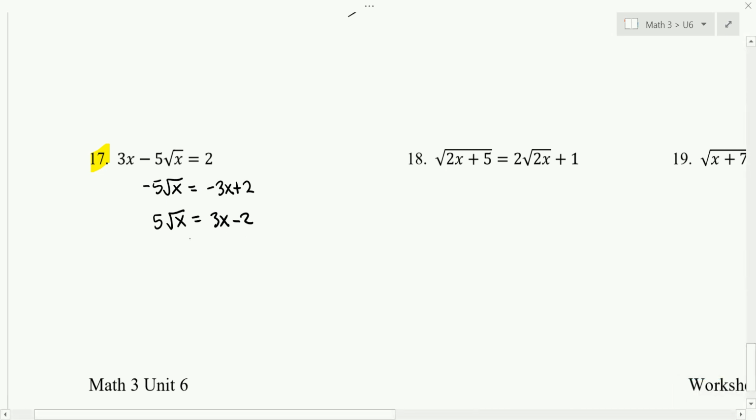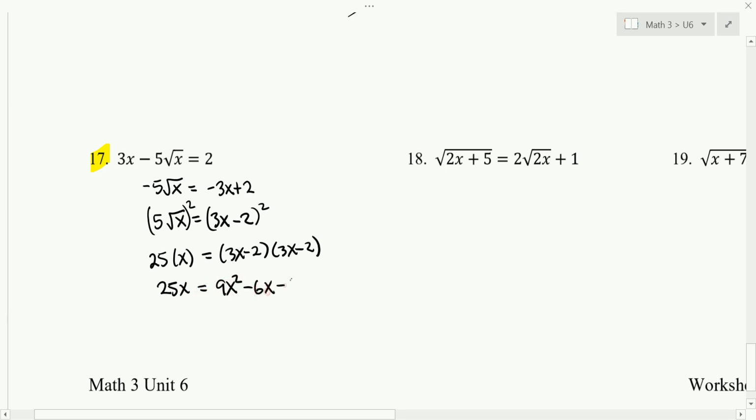We could divide by 5 here, but if we do that we end up with a fraction, so I'm just going to square both sides as is, and we get 25 times x on the left hand side, and 3x minus 2 times 3x minus 2. Distribute that, we get 9x squared minus 6x minus 6x plus 4.